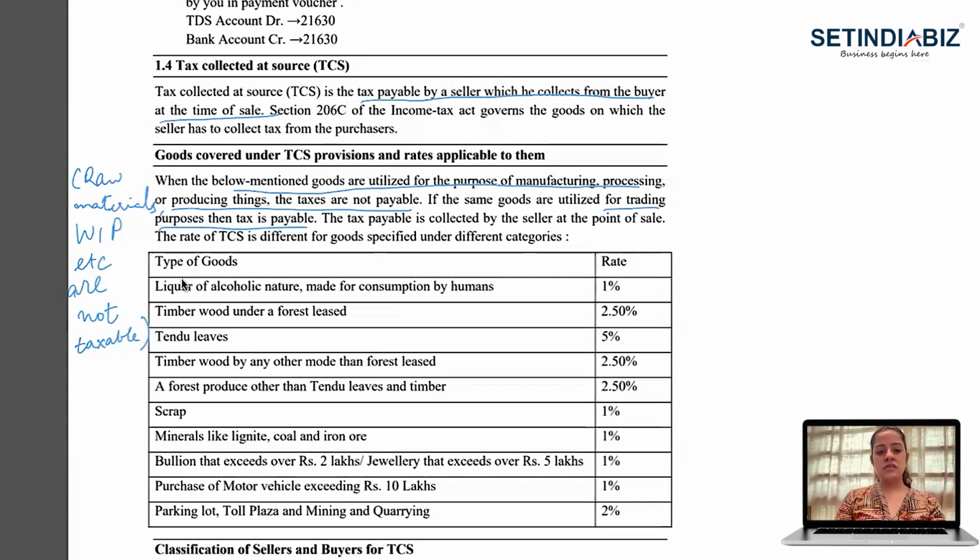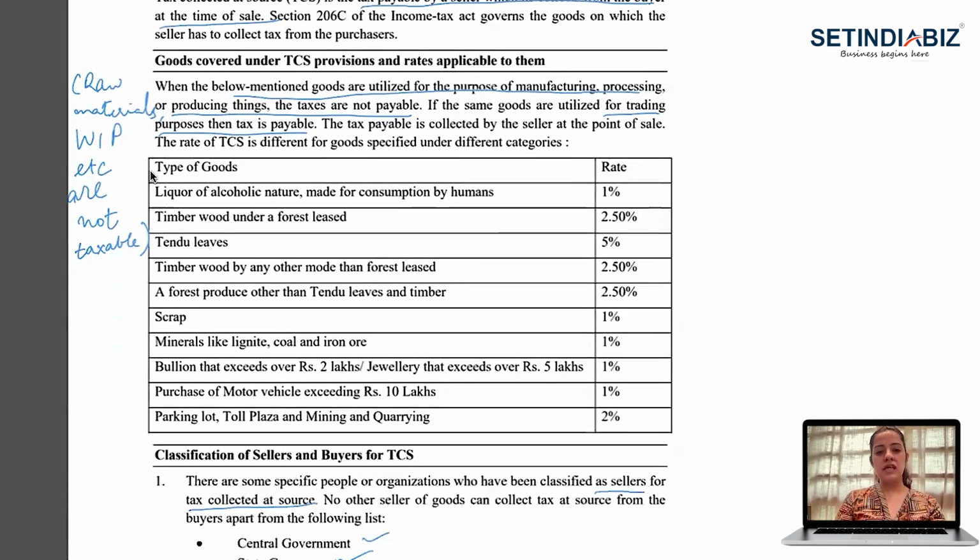Now, these are the types of goods that they have roughly defined. Liquor of alcoholic nature made for consumption, timber wood, tendu leaves, timber wood by any other mode than forest leases, forest produce other than tendu leaves, scrap, minerals like lignite, coal, and iron ore, bullion that exceeds rupees 2 lakh, jewelry that exceeds rupees 5 lakhs, purchase of motor vehicle exceeding rupees 10 lakhs, parking lots, toll plaza, mining and quarrying, 2%, right?